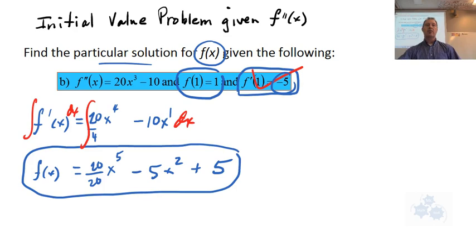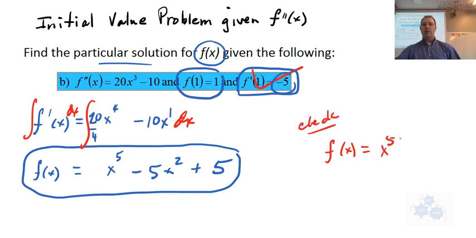Now how can we check this? Just one quick final thing here. Let's check this by finding the second derivative. So f of x again is, you're not going to want to leave that 20 over 20 there. Sorry, that's just going to be a 1. So you may as well get rid of that. Don't leave that in there. So f of x is x to the 5th minus 5x squared plus 5.